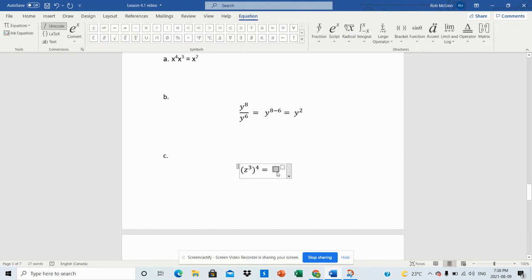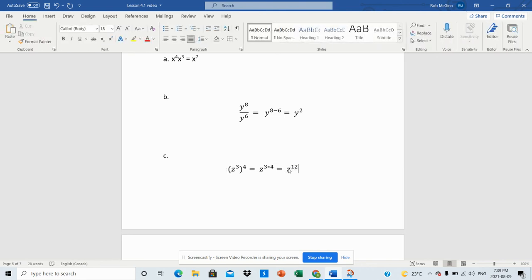So our base is z, and in this case, that means 3 times 4, which of course is going to give us 12. So z to the third raised to the fourth power, multiply our exponents. 3 times 4 gives us 12.